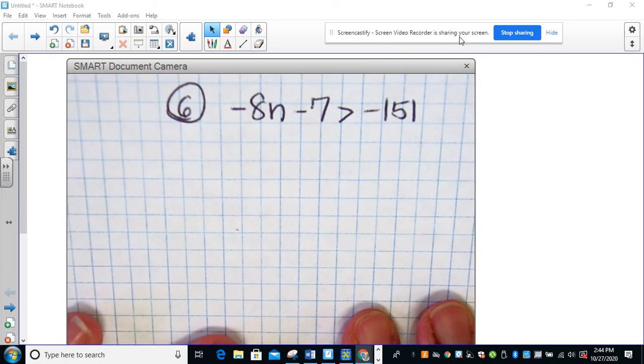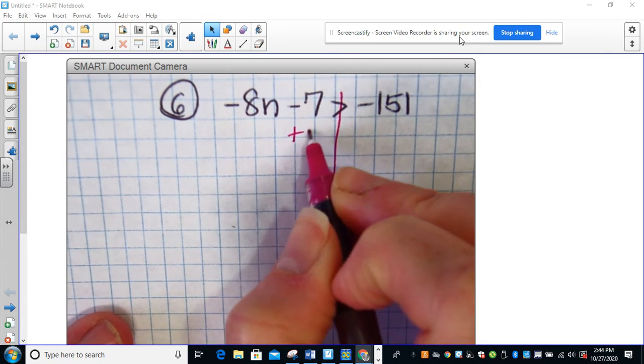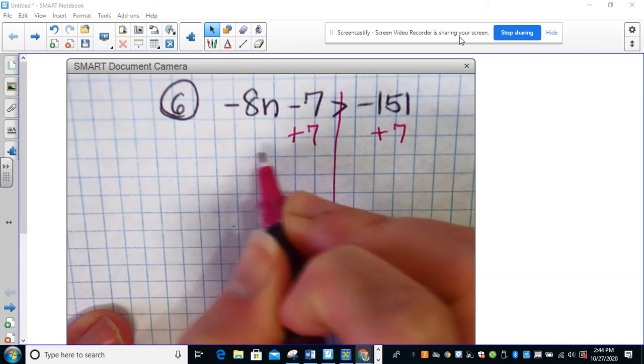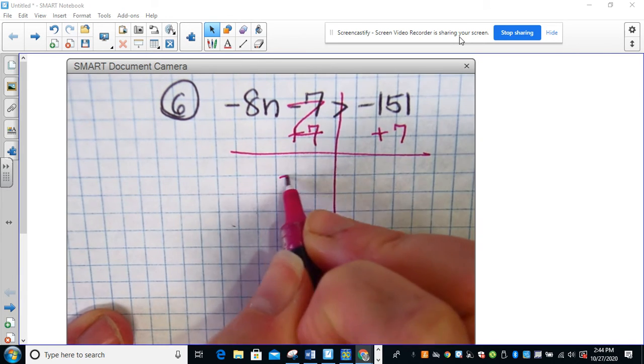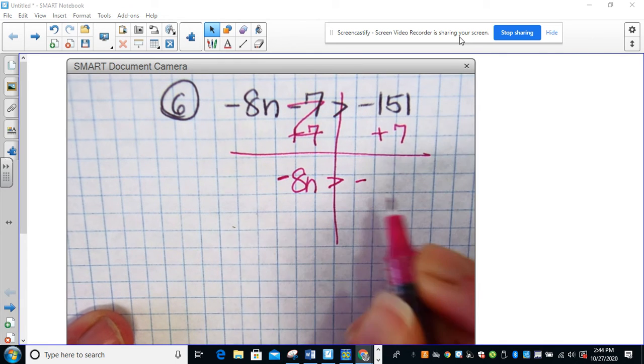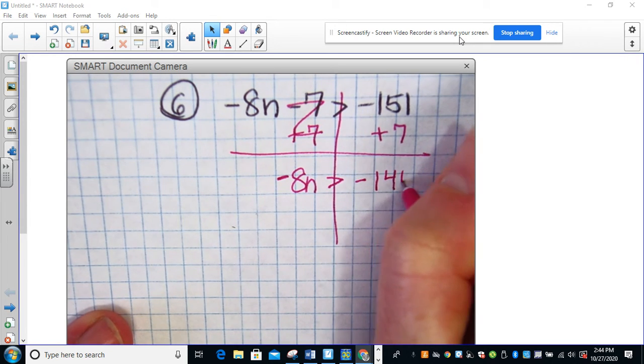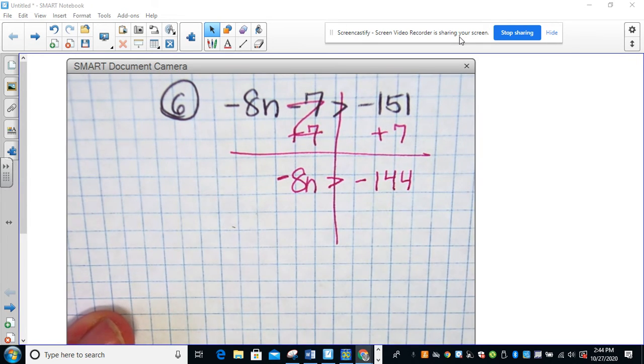And then here's our last one. It's ready to work. Add 7 to both sides. That's gone. Negative 8n is greater than negative 151 plus 7, negative 144. And then divided by the negative 8.